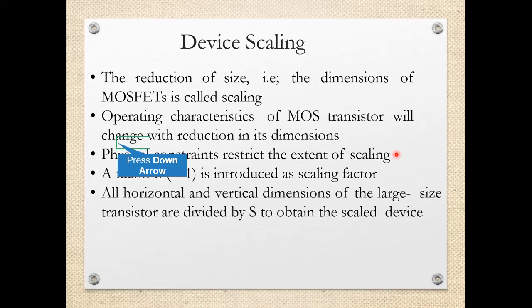All horizontal and vertical dimensions of the large size transistor are divided by S to obtain the scaled device. So we can reduce W and L, but in a particular proportion or scale. Randomly we cannot change W and L. There is a certain relationship.